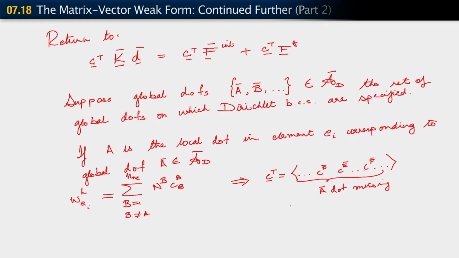So now if the measure of set A bar D, which in this case is just the number of degrees of freedom belonging to this set, if measure of A bar D is equal to N D, okay, what we know is that we can say something about the size of C transpose.